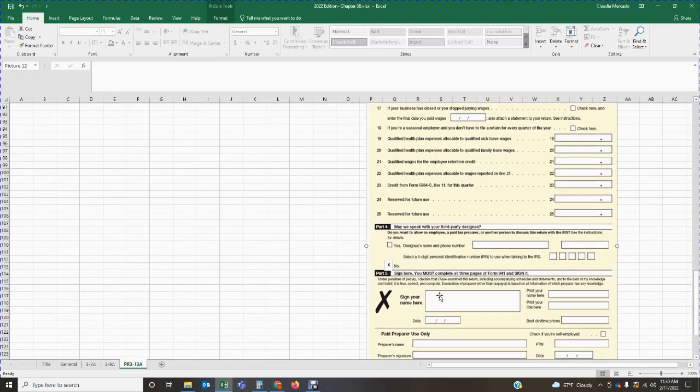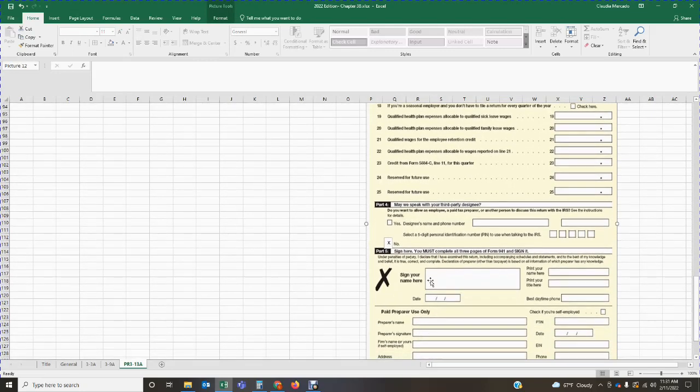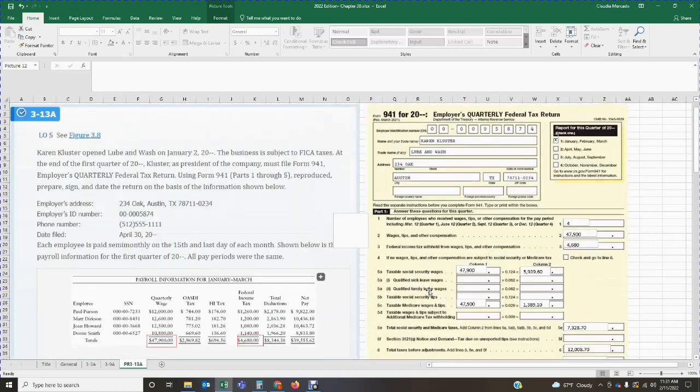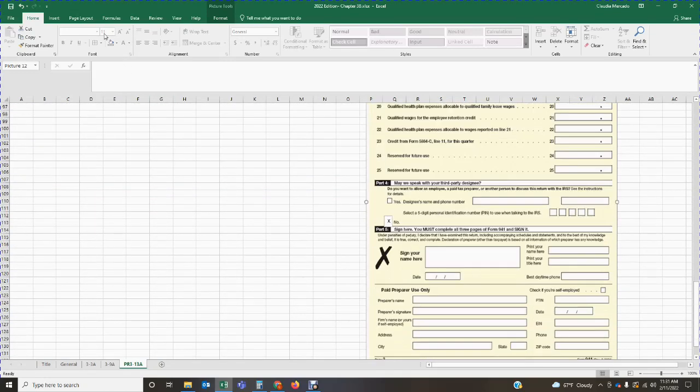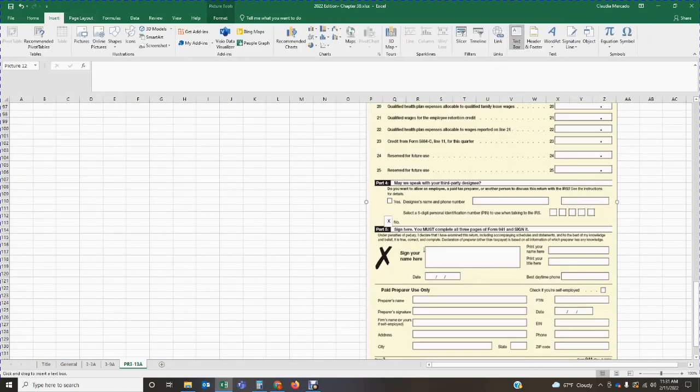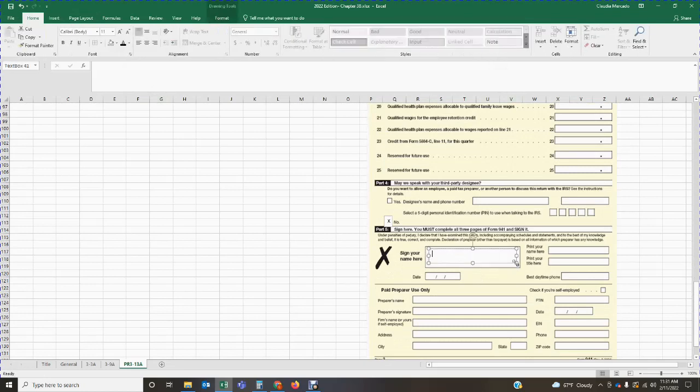There we are. Okay, and then they're asking us to sign. The name of the person that's preparing the form is Karen Cluster. So we have to make sure that we sign the form. So we're going to go ahead and sign. It'll be Karen Cluster.